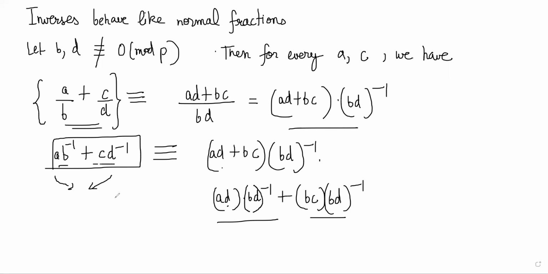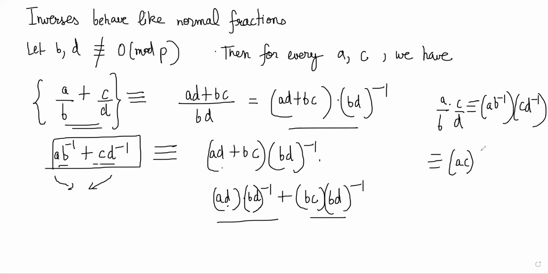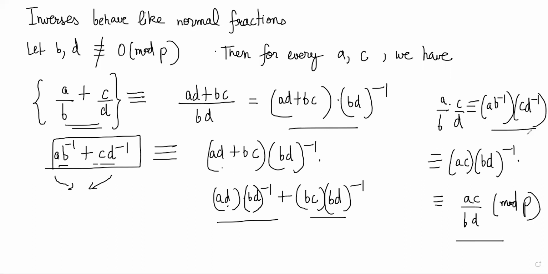Similarly, you can also multiply like a fraction. a by b into c by d is the same as a b inverse multiplied by c d inverse, and that is the same as ac multiplied by bd whole inverse, or ac by bd mod p. These inverses will come in handy because we will use them to prove Fermat's little theorem and Euler's theorem and all.